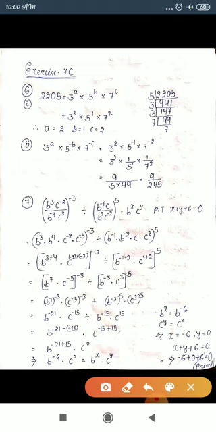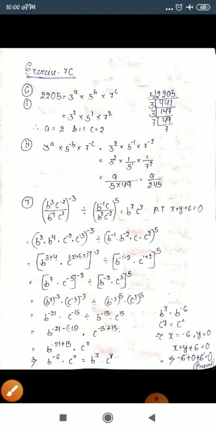First, you have to factorize 2205 as 3, 5 and 7 like this. Here we got 2 threes, 1 five and 2 sevens. So 2205 equals 3 square into 5 to the power 1 into 7 square.